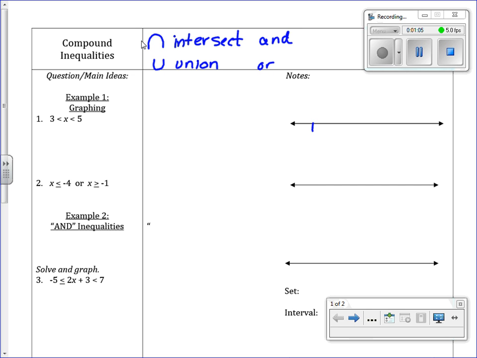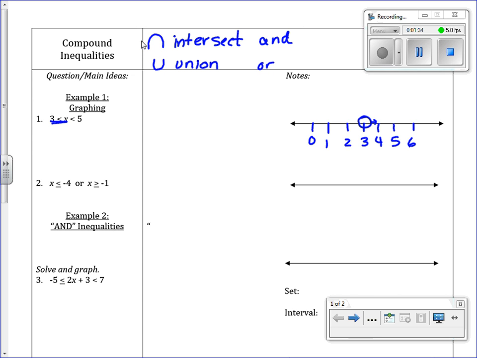I have my 0, 1, 2, 3, 4, 5, 6. And so basically, when I look at this part of the statement and read it backwards, it says x is greater than 3. Okay? So there's 1, 2, 3, 4, 5, 6. So I have my open circle at 3, and I know that I'm going to be going this way because it says x is greater than 3.